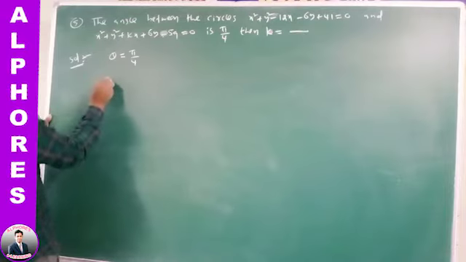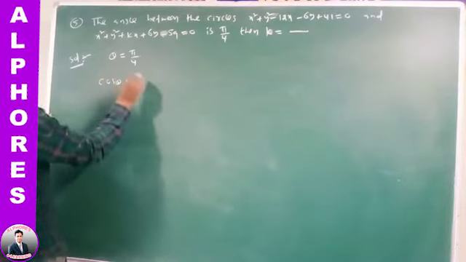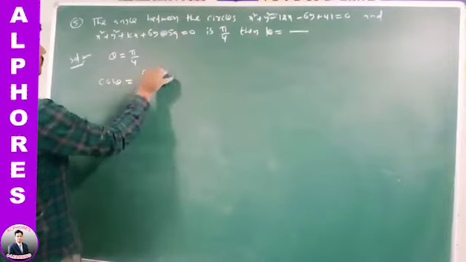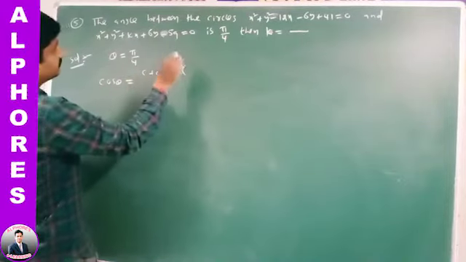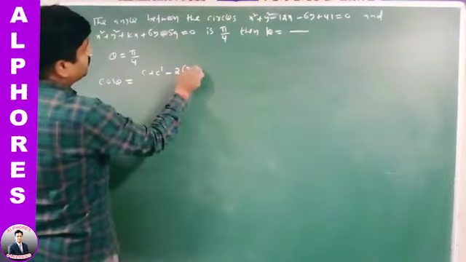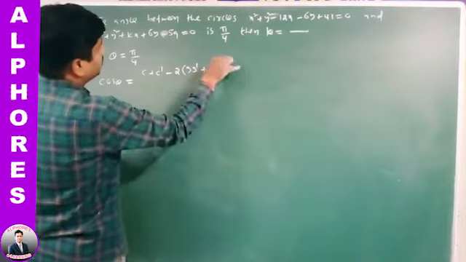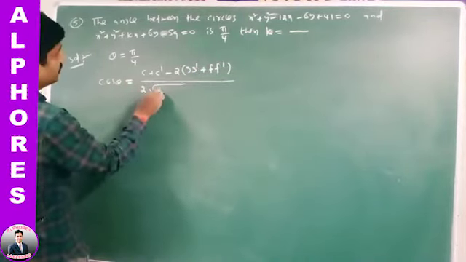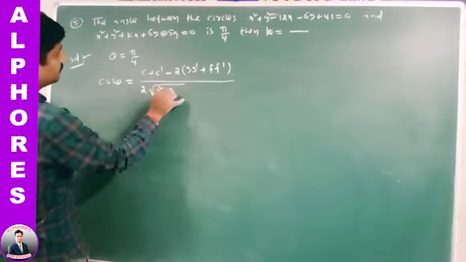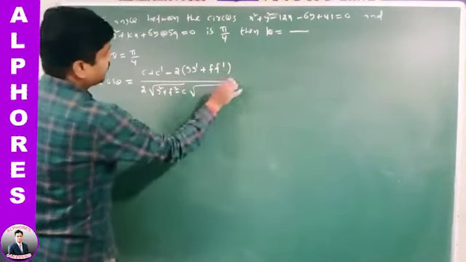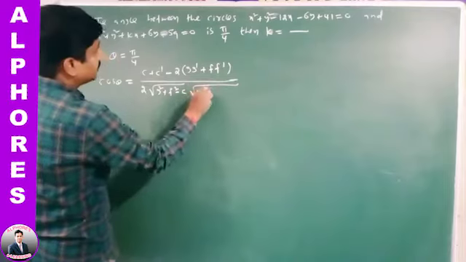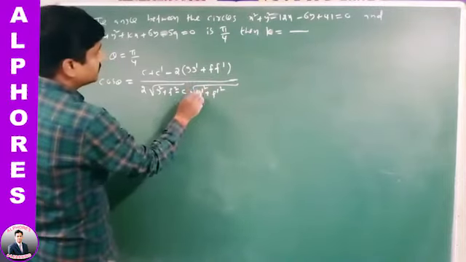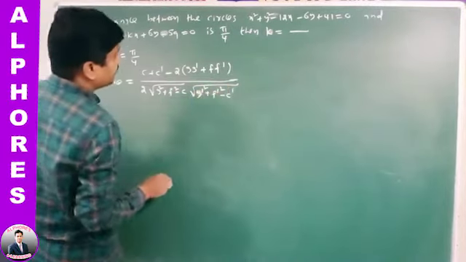Now using the angle formula, cos theta equal to c plus c dash minus 2 of gg dash plus ff dash, by 2 into under root of g square plus f square minus c, g dash square plus f dash square minus c dash.